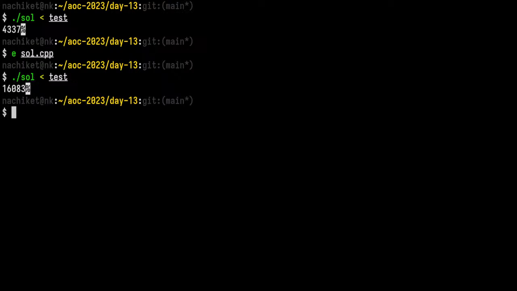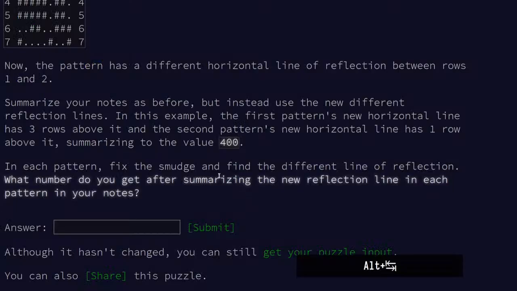Okay, I get 16083, but before that I got 16100. They said it was too low, so I think this is still a wrong answer.